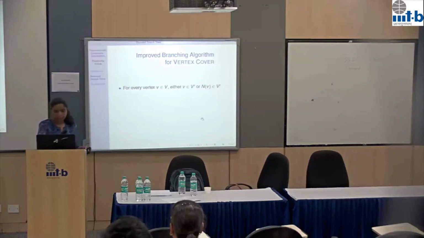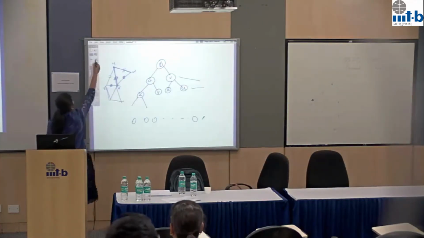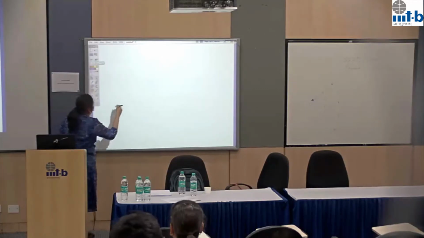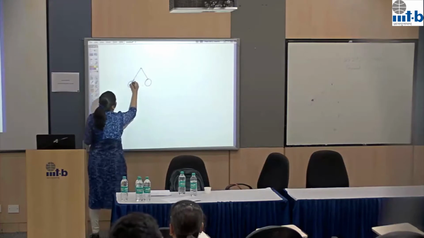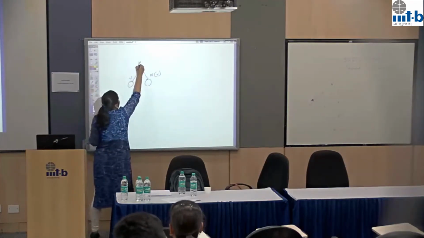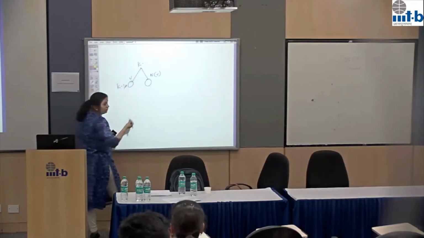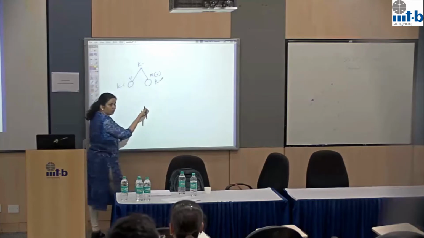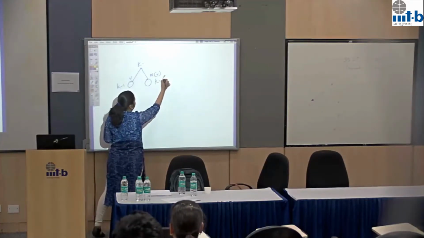So here we have V and here we have the neighborhood of V. Here the budget was k, here it becomes k minus 1, and here it becomes k minus something. Let's say it becomes k minus something large, k minus 4, 5 or something.